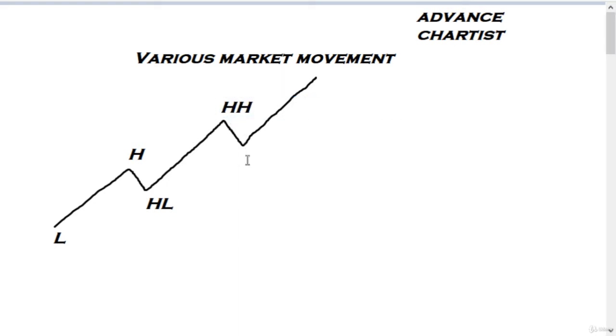When the stock moves again to a higher low, and subsequently to a higher high, this is what we call an uptrend movement.